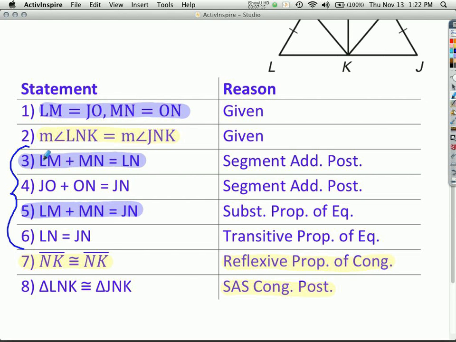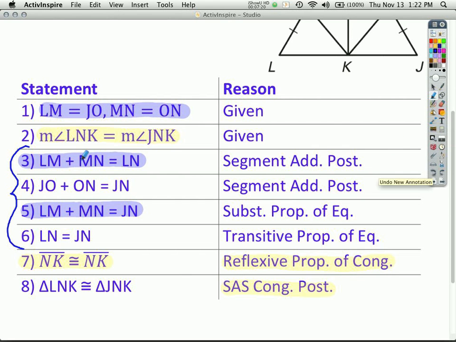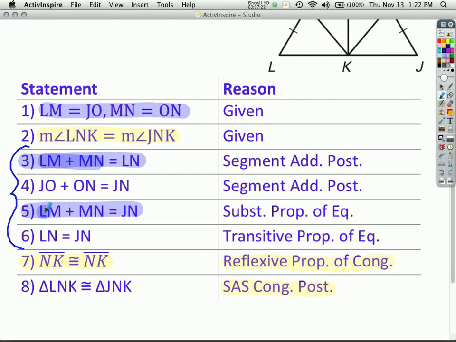Now I have, this side is now the same as this side. Now I can say that is equal to that, right there. So yeah, there was some work to be done. 4 statements just to establish one piece of evidence. But that's the nature of geometry honors. That's the nature of writing a proof.